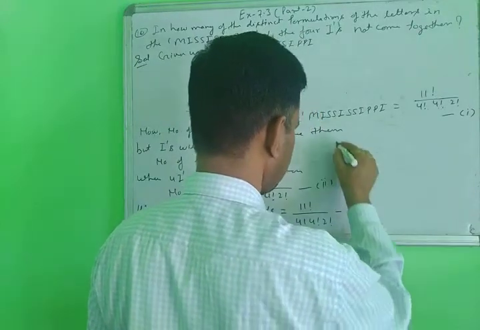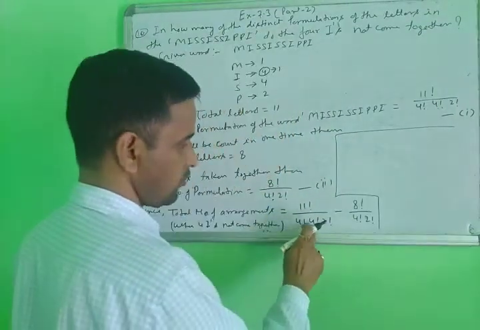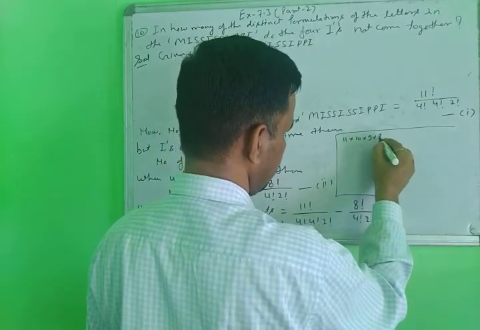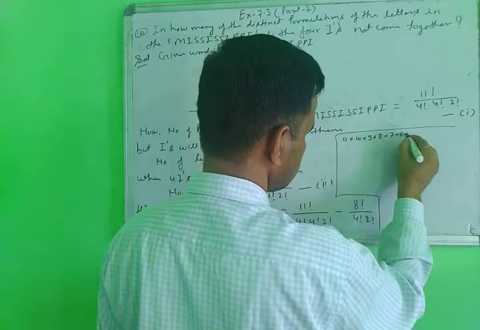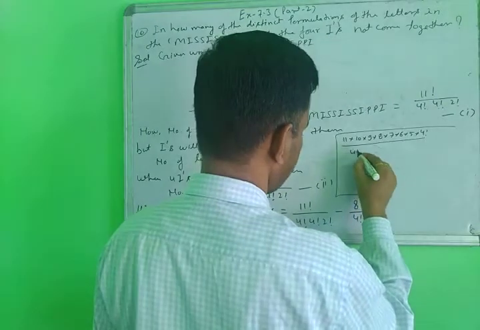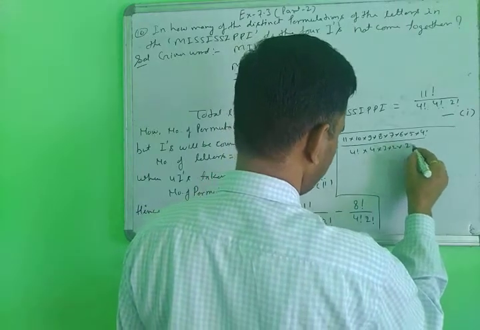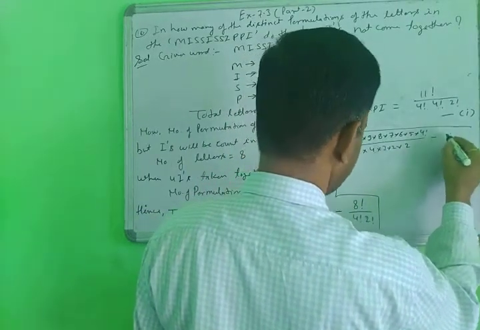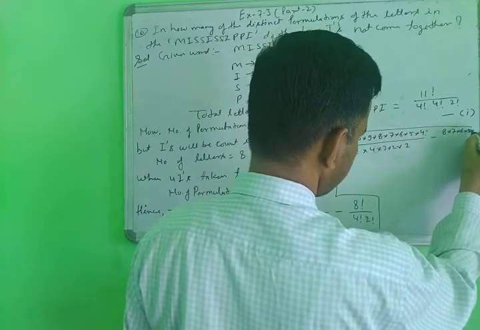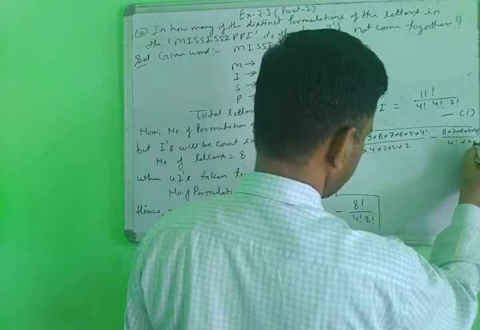So what is the value of this? Factorial 11 upon factorial 4, factorial 2. Then you will consider 11 into 10 into 9 into 8 into 7 into 6 into 5 into factorial 4 upon factorial 4 into 4 into 3 into 2 and 2, minus factorial 8, which is 8 into 7 into 6 into 5 into factorial 4, upon factorial 4 into factorial 2 into 1.